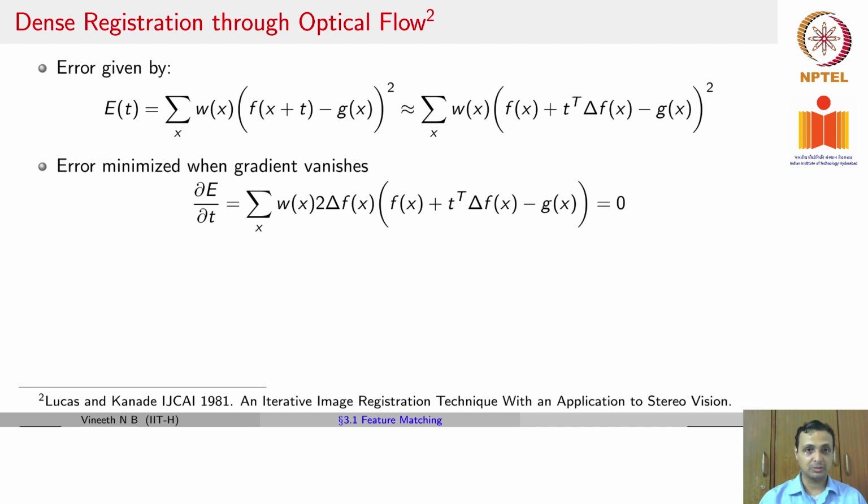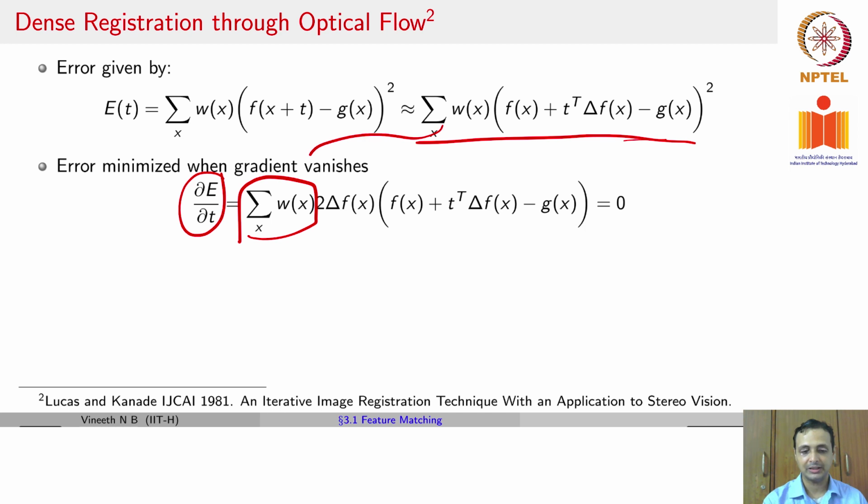We know that the error is minimized when the gradient vanishes. So we take dE by dT, where we're just going to take a simple derivative of this right-hand most term, the summation over x of w(x). That part stays the same as here. And the term that depends on t is this particular term.